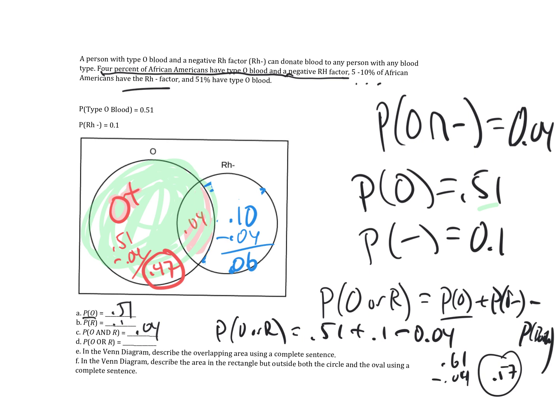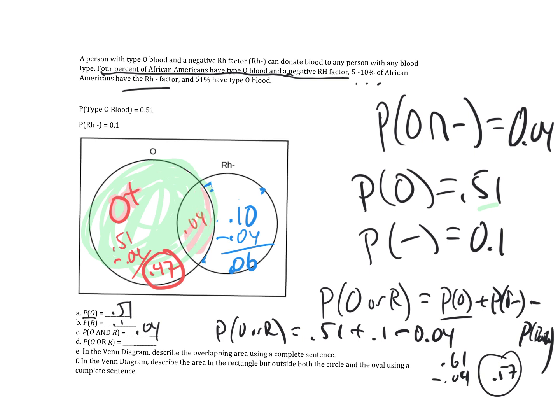I don't think so. So if we bring this back to this addition rule problem, if we add this and this and this, that's everything inside both circles. So that's where they're getting the 0.57 from. So let's see. In the Venn diagram, describe the overlapping area using a complete sentence. Well, the overlapping area is the probability that people are O negative, right?